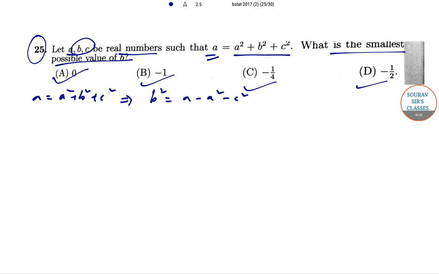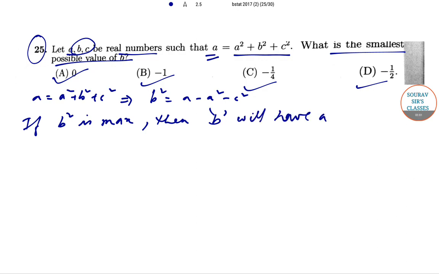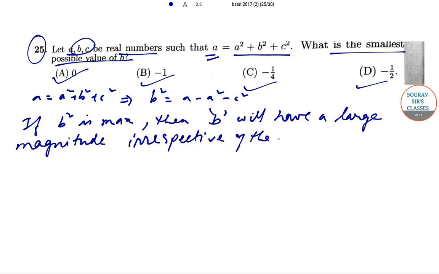In reverse, if B square is maximum, then B will have a large magnitude irrespective of the sign. So basically B min will be the negative of root of B max.